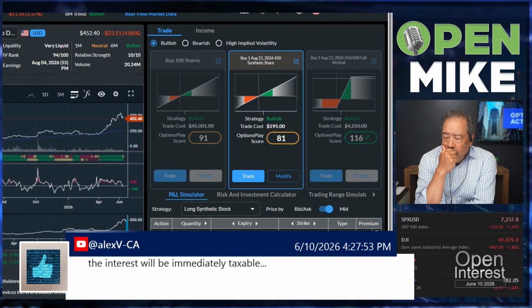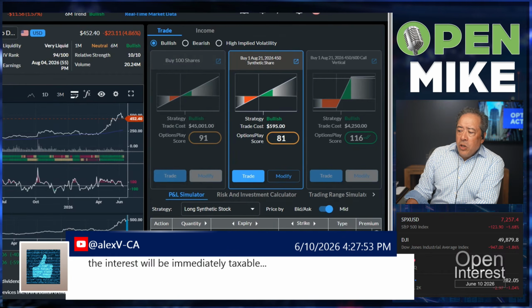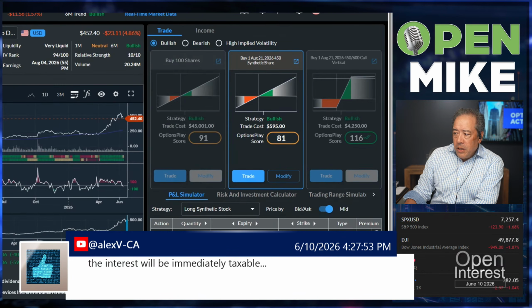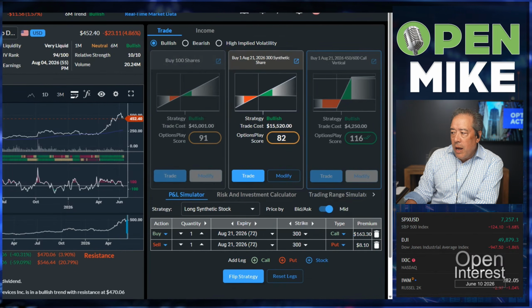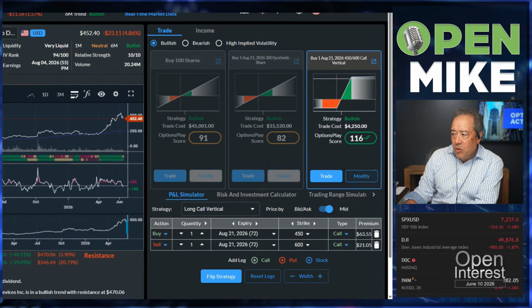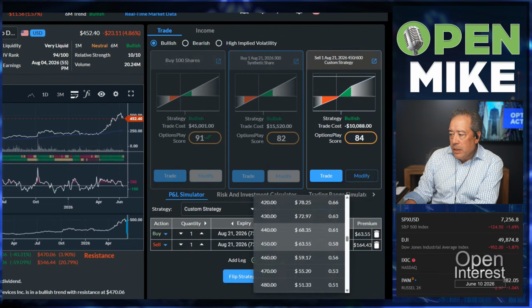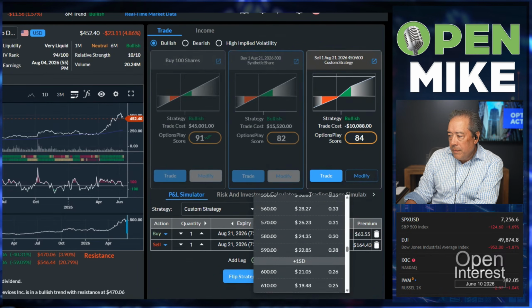Okay. So one of the things you're going to observe here, and I'm going to just keep this example, and I'm actually going to take this down. So I'm going to get down to, let's say, the 300 strike here, and now I'm going to create the exact same trade over here, August, except this is going to be a put now, and this is going to be the 600 call.